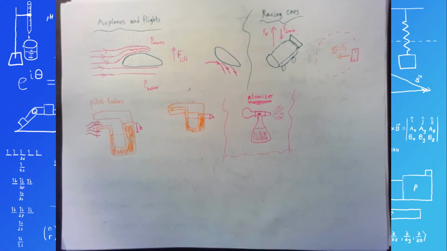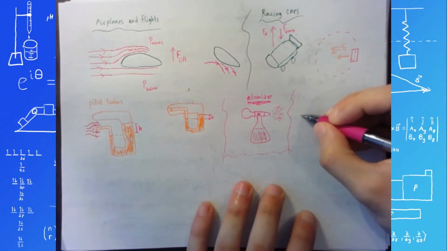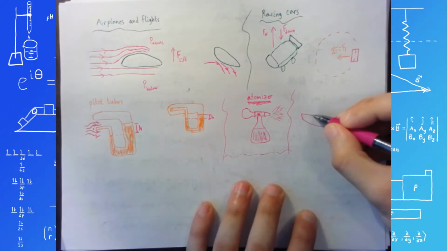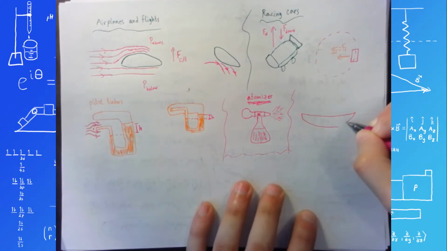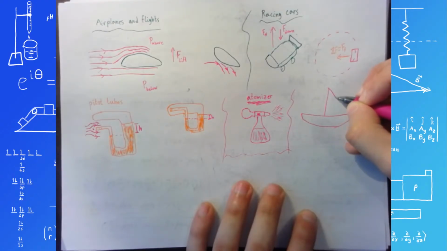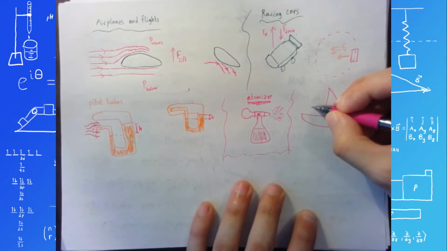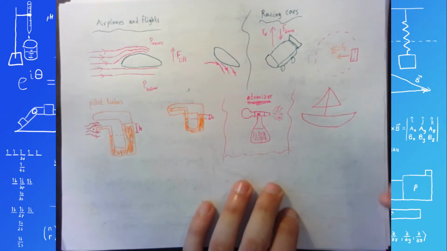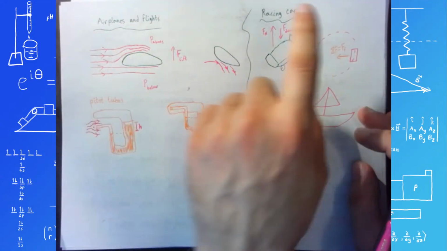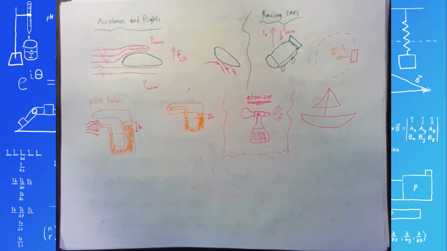So that's the atomizer, and then keels on boats. So boats, in addition to taking advantage of their sails, sails kind of work the same way that airplane wings do, or spoilers on racing cars.